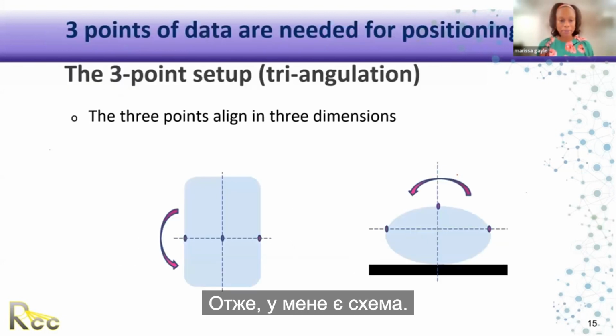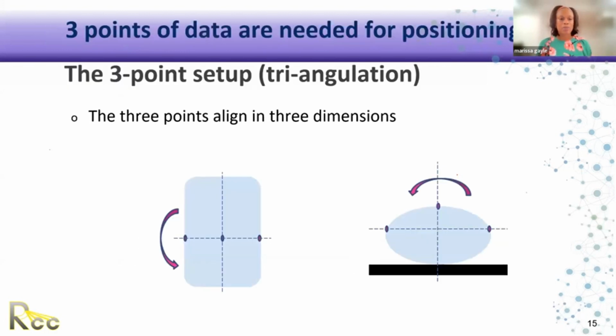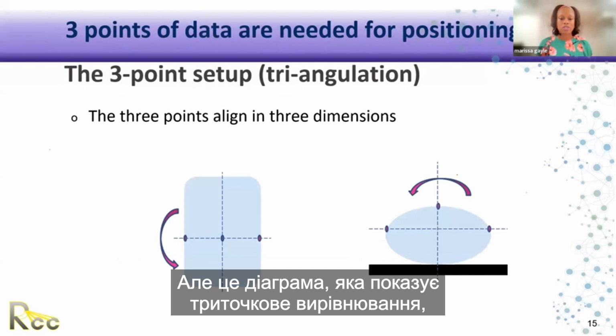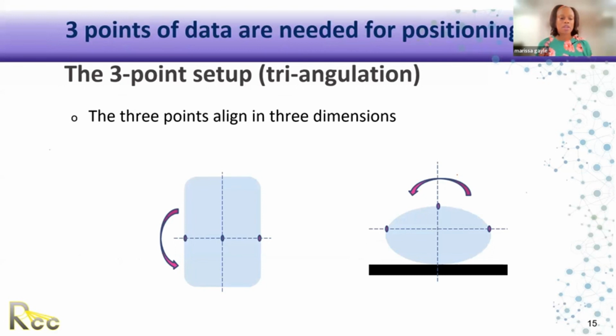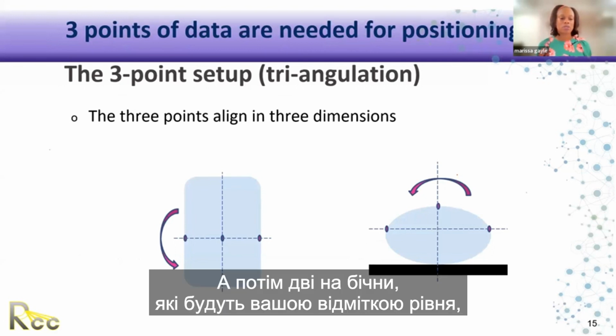So I have a diagram that shows the 3-point alignment. You would have 1 anterior if the patient is supine, and then 2 on the laterals, which will be your leveling marks and will give you left and right.